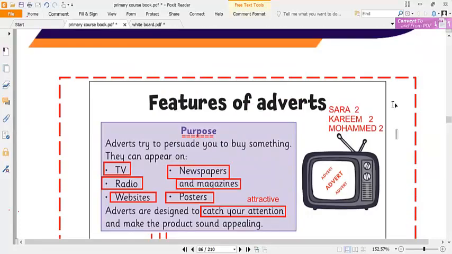Bright colors, attractive language, picture of the product, facts about the product, how to buy, and special offer. Excellent. Good job. Exactly.